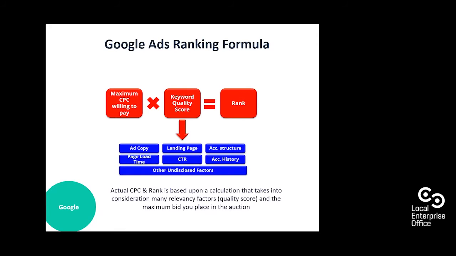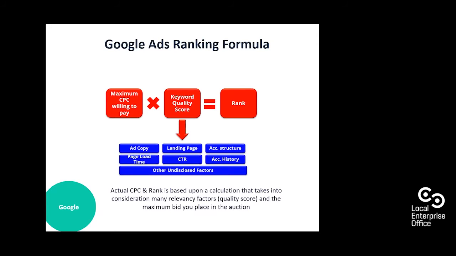Now, again, it's not always possible for an SME business to get there, but it gives you a guideline. So the landing page that you're sending the person to, how well that particular page performs, how well your website performs, these are all critical components in being successful with Google Ads.